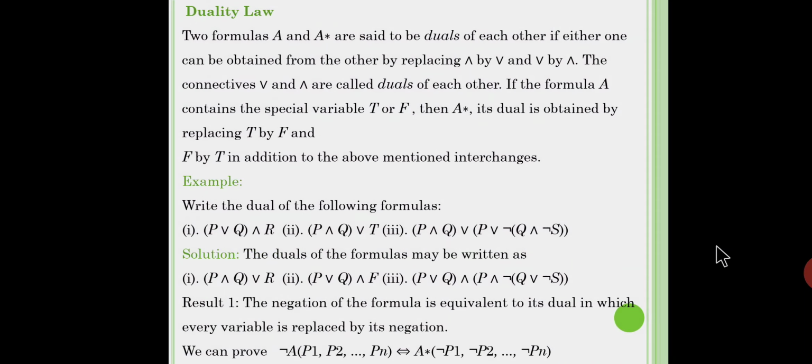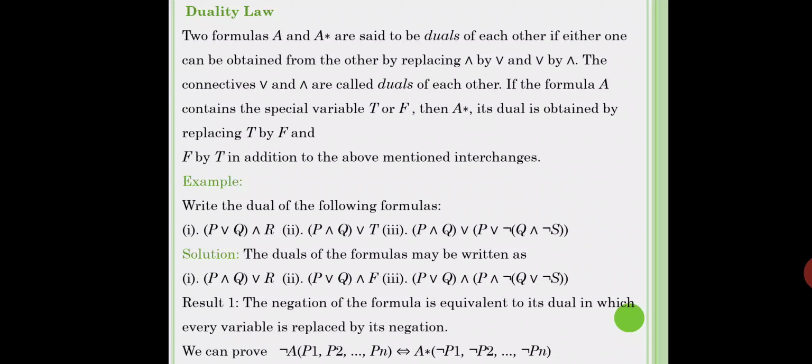Next one, duality law. Two formulas A and A star are said to be duals of each other if either one can be obtained from the other by replacing the conjunction symbol by the disjunction symbol and the disjunction symbol by the conjunction symbol.